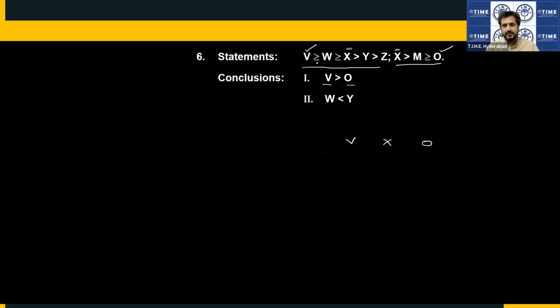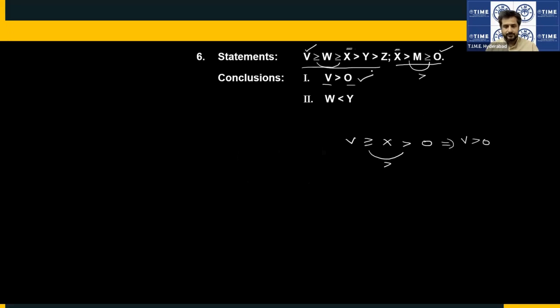What is the V and X relation? Greater than or equal to and greater than or equal to leads to greater than or equal to. What is X and O relation? Greater than and greater than or equal to leads to greater than. What is the V and O relation? Greater than or equal to and greater than leads to greater than. So final result between V and O is V greater than O. And conclusion is also the same.